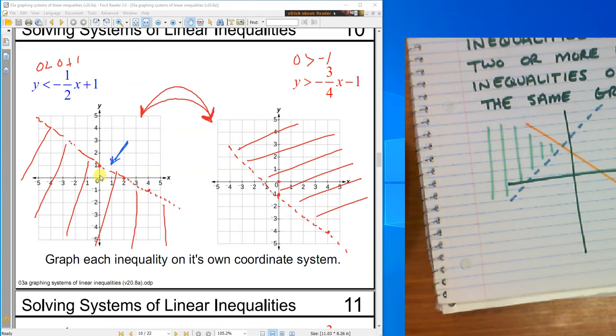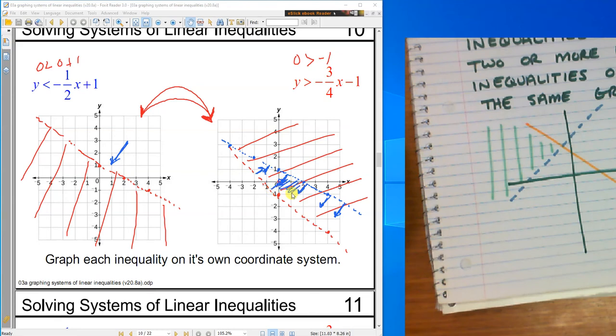I start at 1 and I go down 1 over 2. And I shade underneath this one, right? But on the other one, this one I'm actually shading above it.